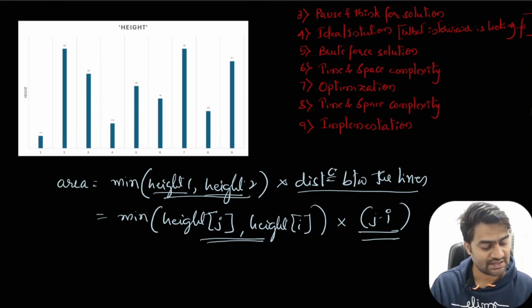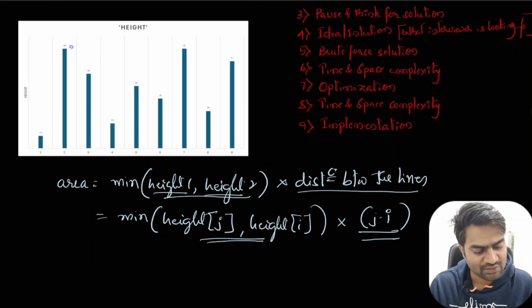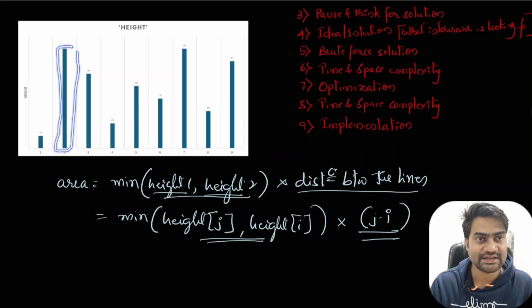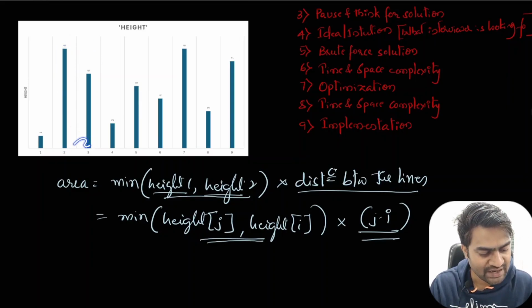So with this, somewhat we might get max value or we might not. Then again we have to start with the next line. From here we need to find what is the maximum rectangle area between these two, then again between these two lines, then again between these two lines, correct, right?